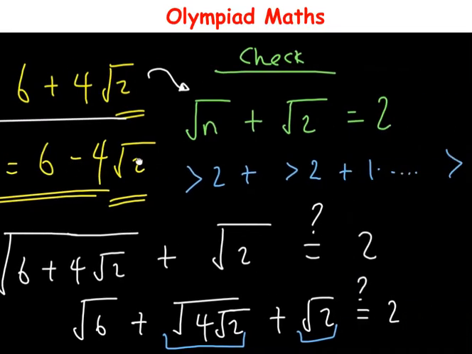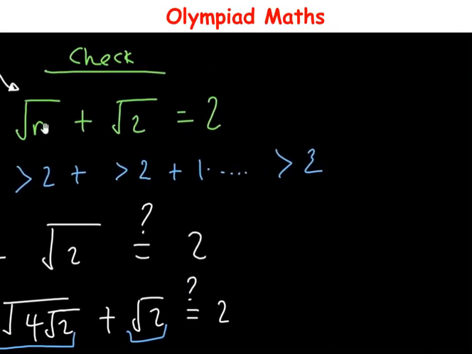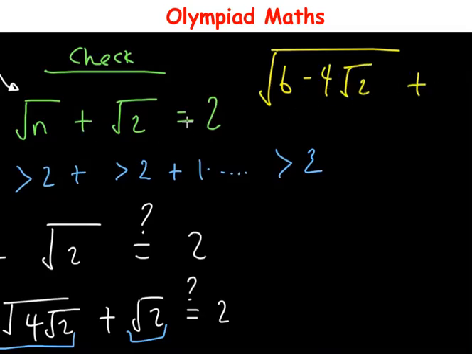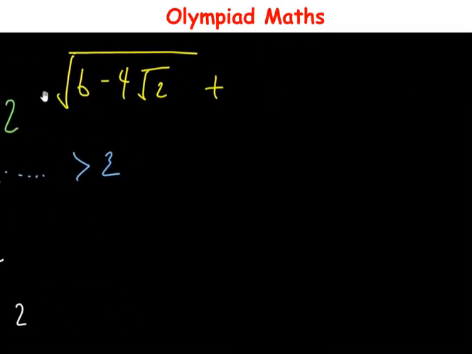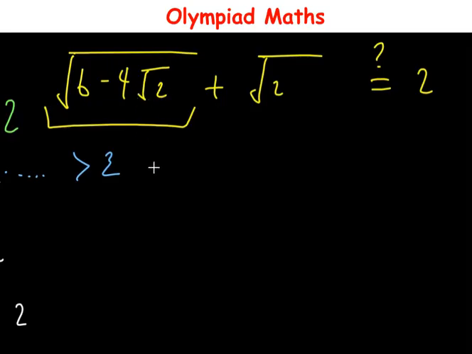Now back to the question, which is this, and put the value of n as root of 6 minus 4 root 2 for the value of n, then plus we have root 2, with this equal to question mark. Now, root of 6 minus 4 root 2 has a value of 0.5 thereabouts.